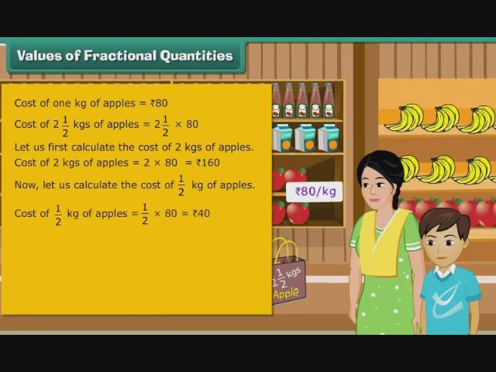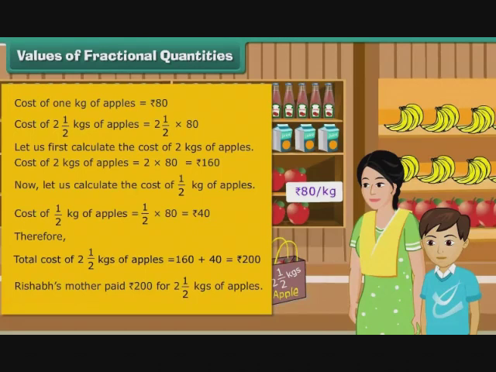Cost of half kg of apples is equal to 1 by 2 multiplied by 80, which is equal to rupees 40. Therefore, total cost of 2.5 kgs of apples is equal to 160 plus 40, which is equal to rupees 200. Rishabh's mother paid rupees 200 for 2.5 kgs of apple.